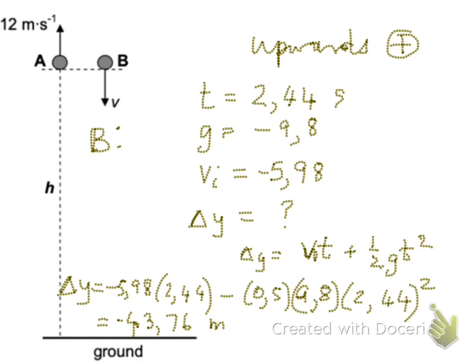Okay, multiplied by the time, 2.44 seconds, minus, or in this case plus, multiplied by minus gives you a minus. So it's minus 0.5, which is half, times 9.8 times 2.44 squared, and the answer is minus 43.76 meters.